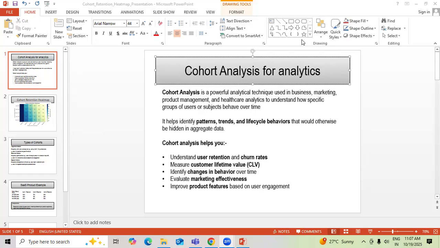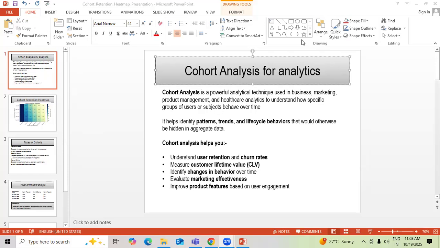From the organization's perspective, it helps us identify the different patterns and trends, and also learn about life cycle behavior and anything hidden. For that purpose, cohort analysis is generally used.